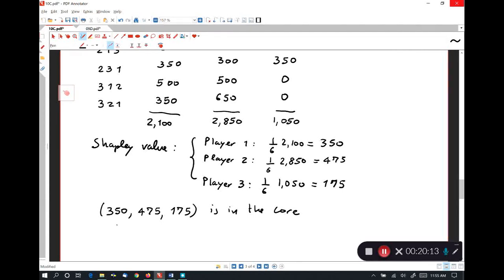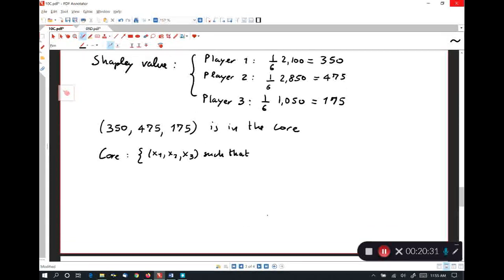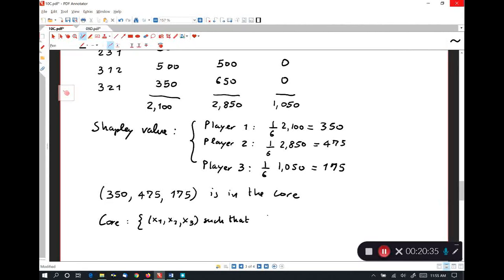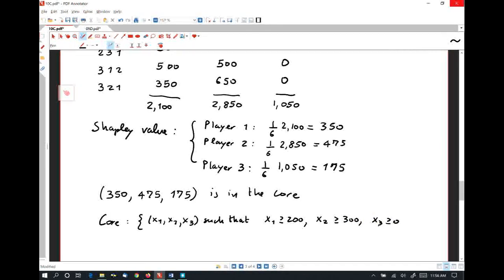because the core, as we saw previously, is the set of x1, x2, x3, such that x1 should be at least 200, x2 should be at least 300, x3 can be any non-negative number, but then we need x1 plus x2 to be at least 800, x1 plus x3 to be at least 500, and x2 plus x3 to be at least 650.